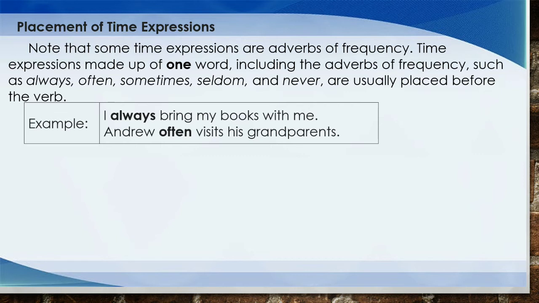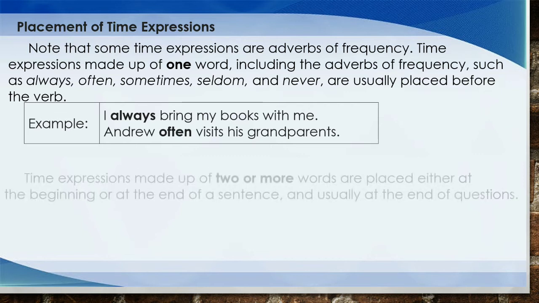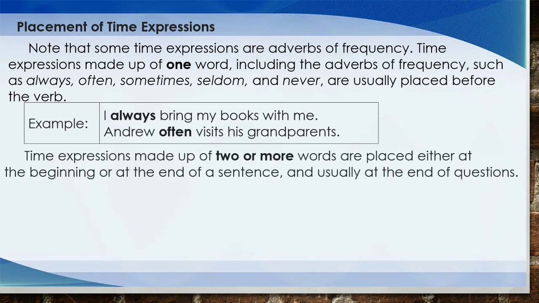Next example: Andrew often visits his grandparents. So what is the verb in the sentence? That is visits. So we place the adverb or the time expression, which is often, before the verb. Time expressions made of 2 or more words are placed either at the beginning or at the end of a sentence, and usually at the end of questions.